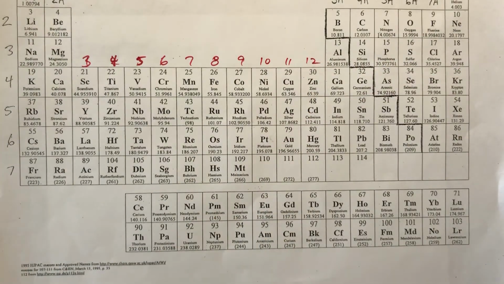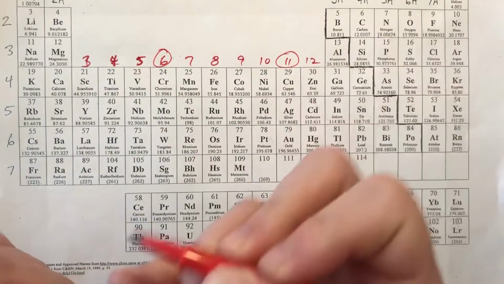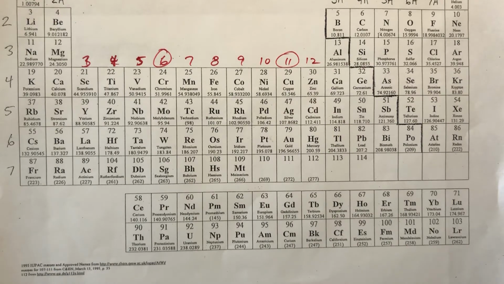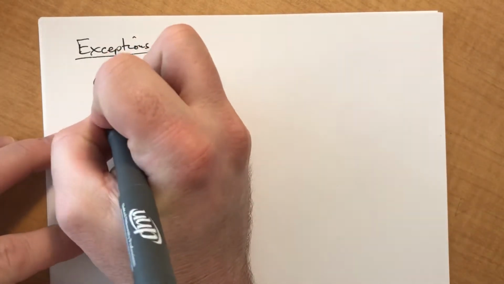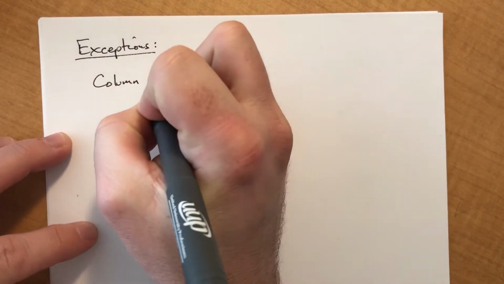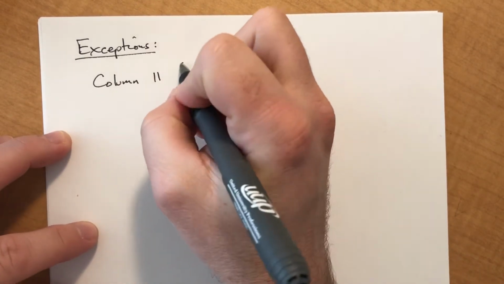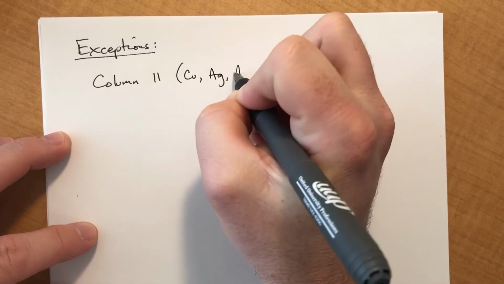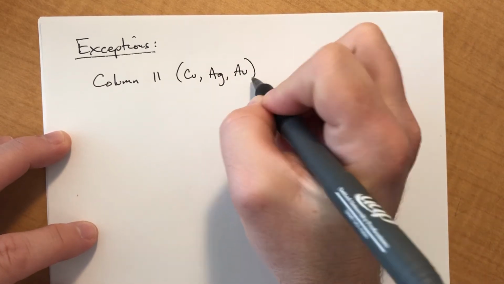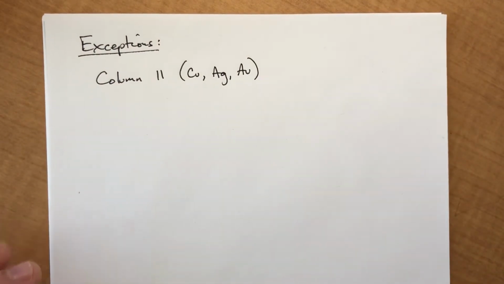Okay, it turns out that column 11 and column 6 are the ones that are most responsible for all the weirdness. Okay, so column 11 is copper, silver, and gold. Shouldn't be too hard to remember. They're pretty common things. I mean, they're rare and expensive, but you've heard of them.